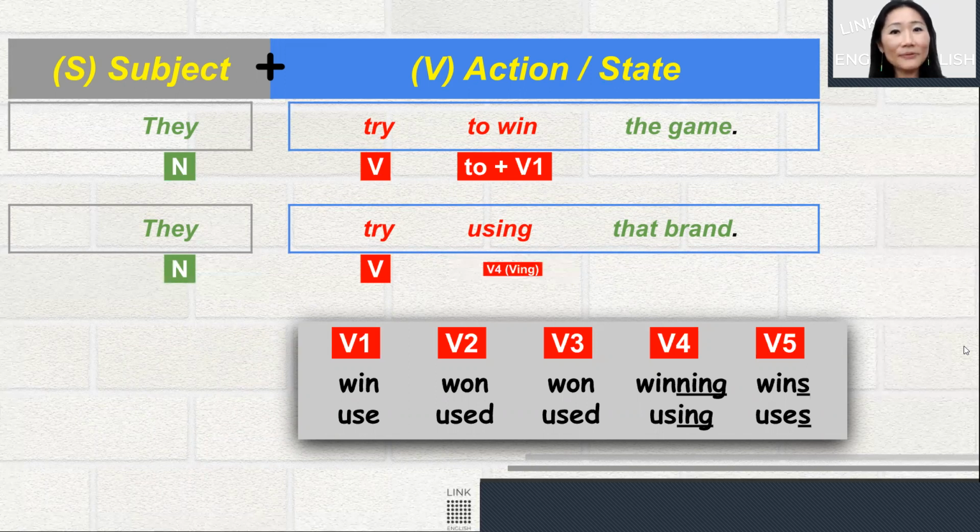And if you use V4, it means this action doesn't take effort. Try another brand if you don't like this one. The verb win can be followed by a noun, win the game. And the verb use needs to be followed by a noun, use that brand.